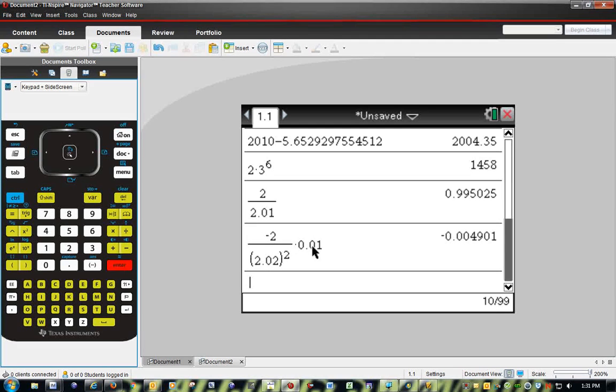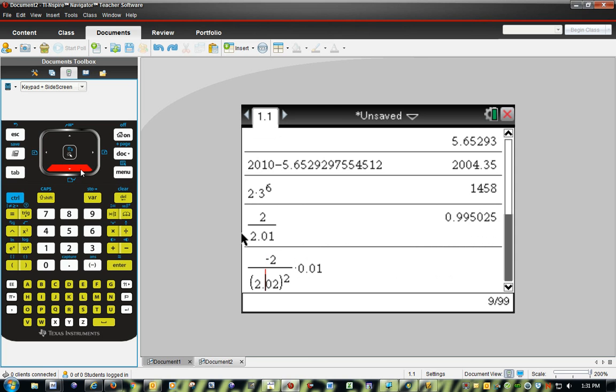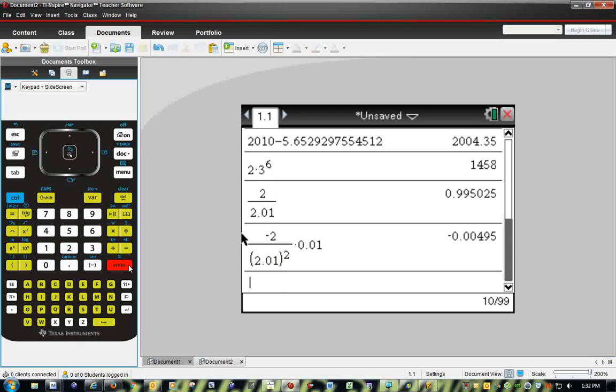Now, if I go into delta y, it is a lot different because this is going to be negative 2 times, what was the change? 0.01. dy got us to 0.9950, what, 5?